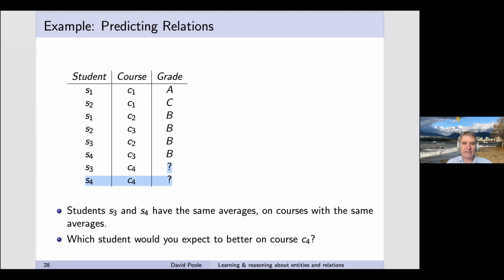I want to predict the grade of S3 in C4. We've never seen C4 before. And the only thing we've seen about S2 and S3 is they have Bs in courses. They have the same course average. We've got a new course they've never seen, which we'd expect them to do better in.